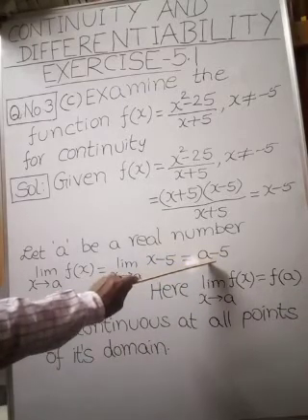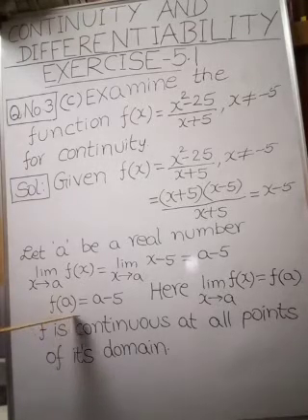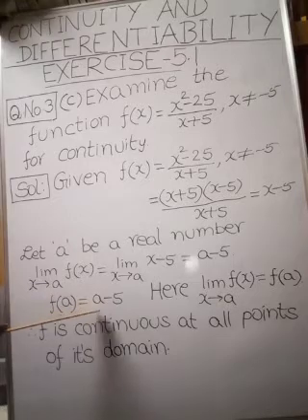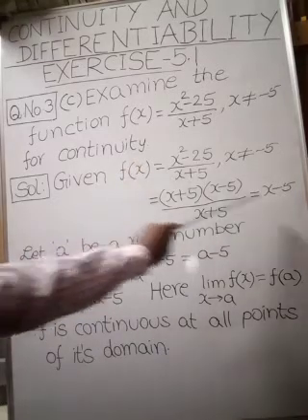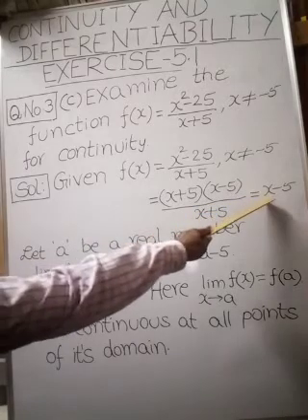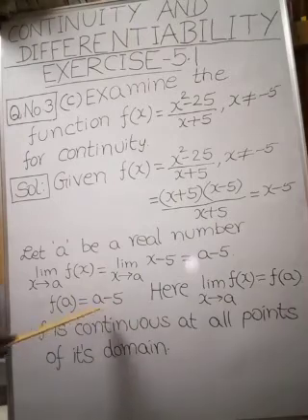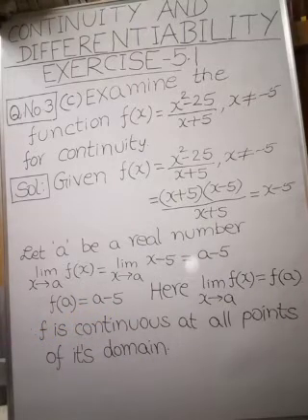Understood this step, my dear children? Right. Now we find the value of f at a, that is f of a. f of a is equal to, in the function we substitute x is equal to a. Then what will you get here? a minus 5. So I wrote here a minus 5. Understood this step, my dear children? Right. Now we have to compare these two values.